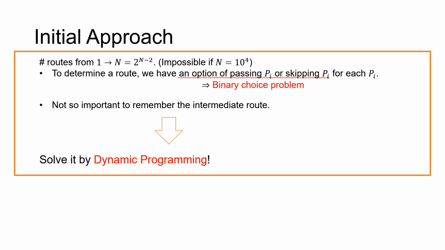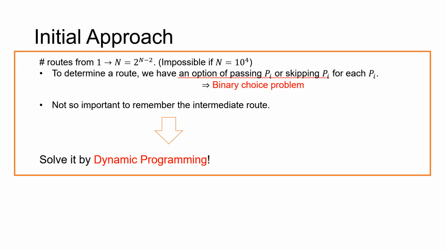Let's proceed with solving the problem. Our initial key idea is to find the problem a typical dynamic programming question. Why? First, the number of routes from 1 to n is 2 raised to the power of n minus 2. That's because to determine a route, we have an option of passing p_i or skipping it for each p_i. So this problem can be split into multiple binary choice problems.